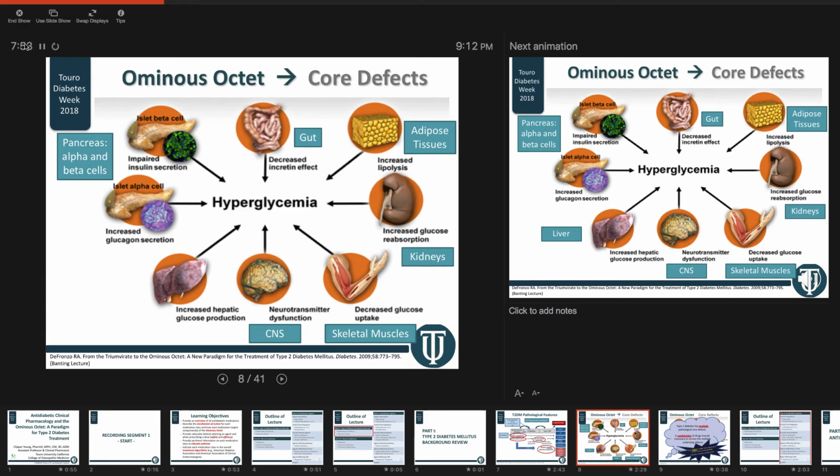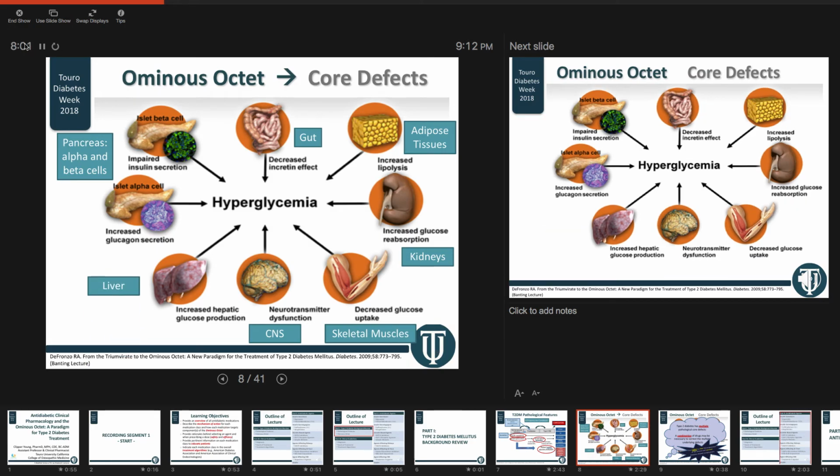We might see some neurotransmitter dysfunction, which will lead to hyperglycemia. And our last organ is our liver, as I mentioned earlier. You will see more glucose being produced from the liver. Ultimately, all these components lead to hyperglycemia, which is what we see in type 2 diabetes.